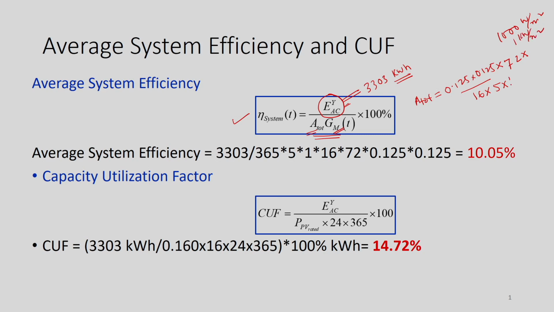So, what I will write is 1, because here also it is in kilowatt. This yearly energy yield in the AC side is also in kilowatt hour. So, this has to be in kilowatt hour. So, this is 16 into 5 into 1, and how many days? It is 365 days.